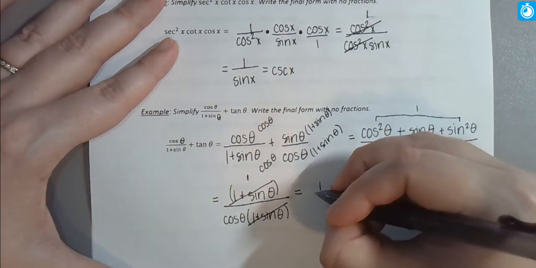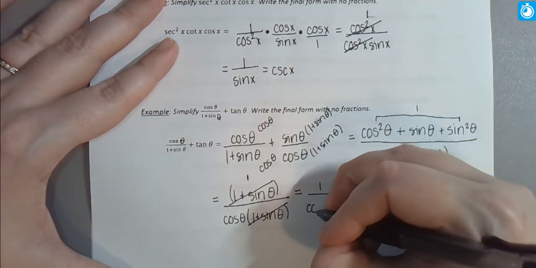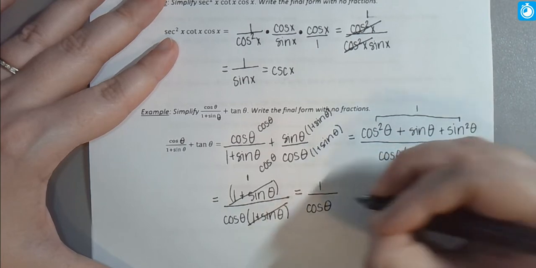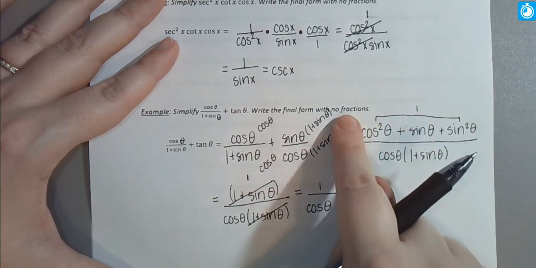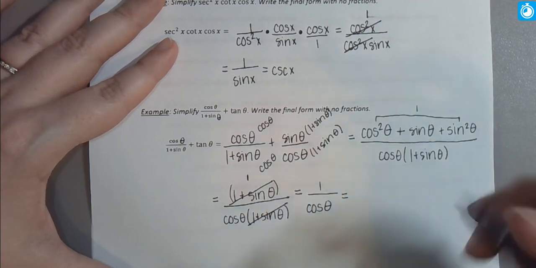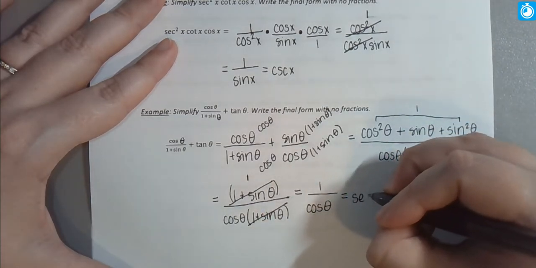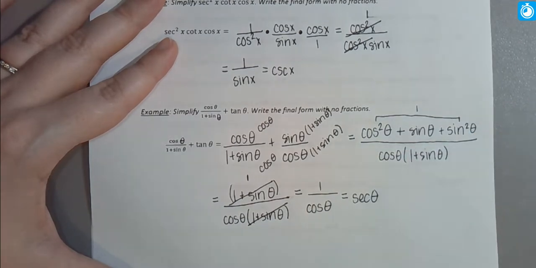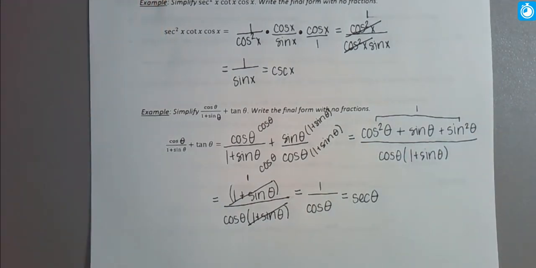In the numerator, we're left with 1. In the denominator, we're left with cosine theta. And again, we don't want any fractions at the very end, so we're not quite there, but we know 1 over cosine could also be written as secant. So all of that simplifies down to secant theta.